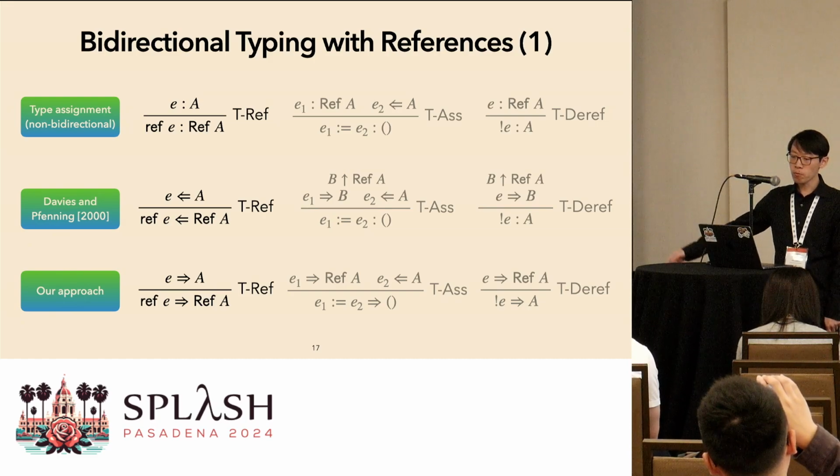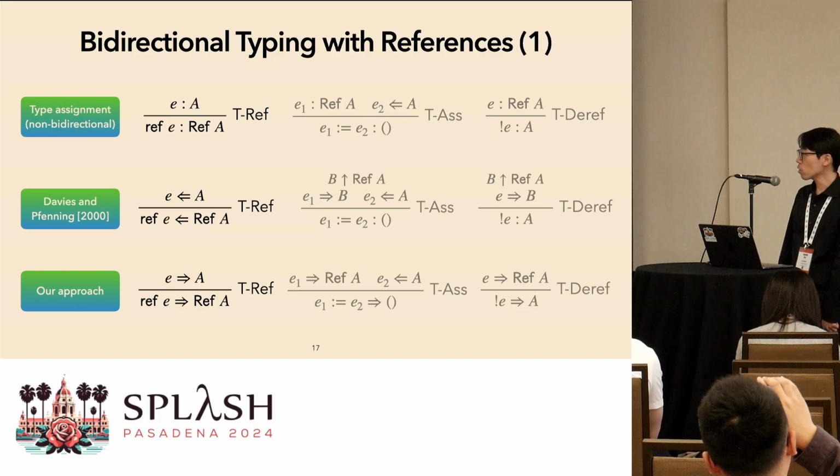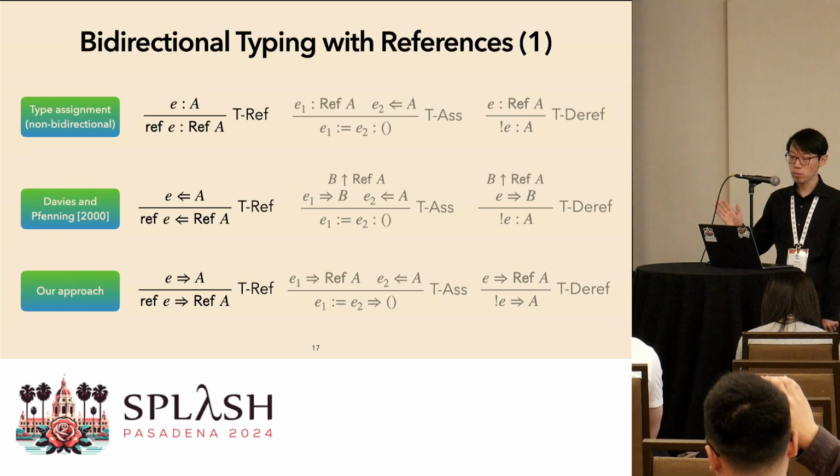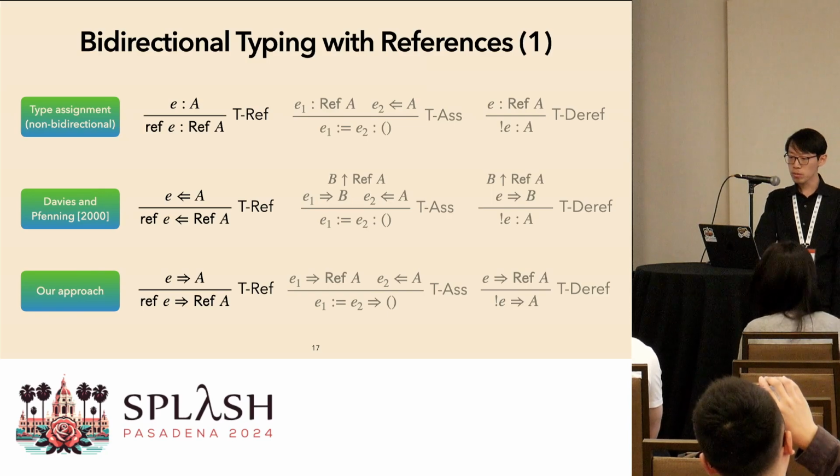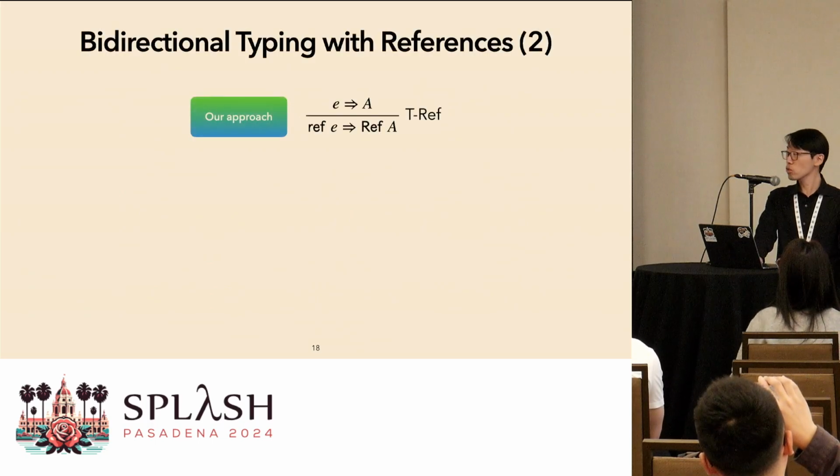We have a different formalization using bidirectional typing on the third line. And maybe to your surprise, the most important rule is the reference rule, TRef. The difference is that we don't use checking, we use the inference mode here. You can ignore the other two rules here and only focus on TRef.